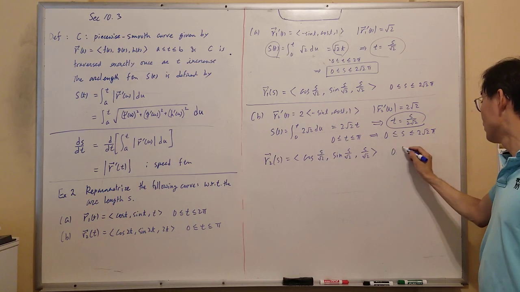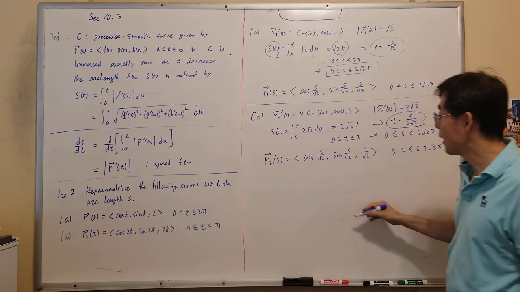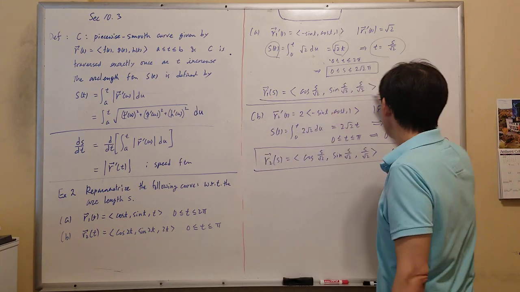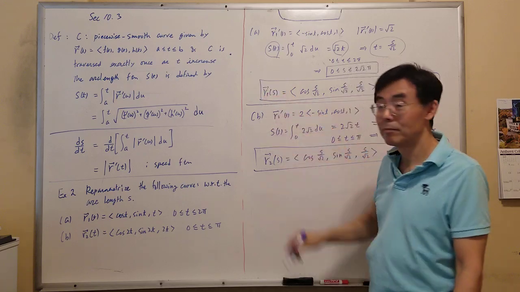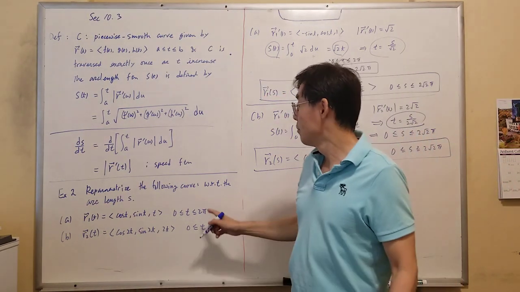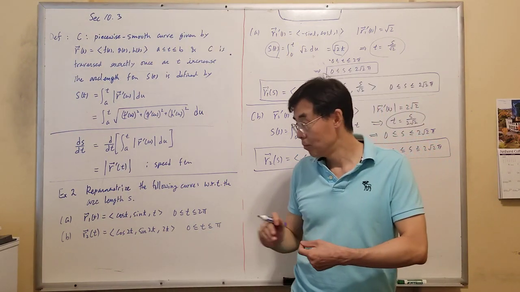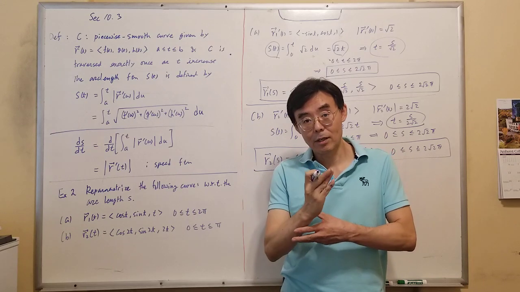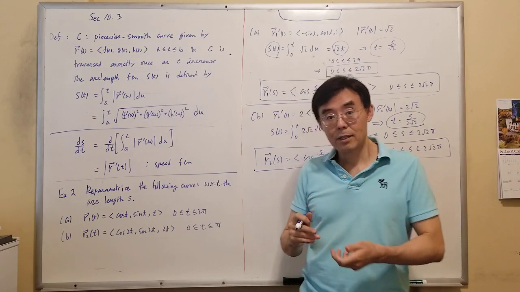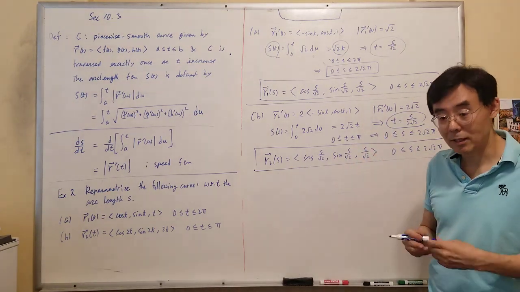So what do you get? This is exactly the same as this. So, no matter which parameterization you start with, if you describe the curve with respect to arc length s, then you will end up with exactly the same representation.